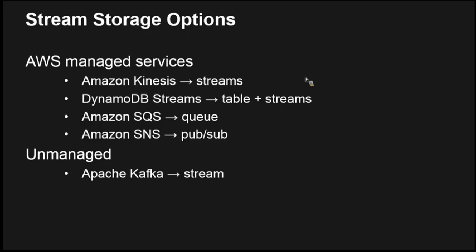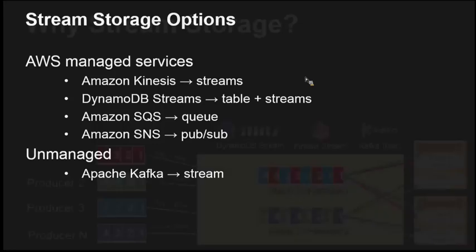Typically these are the four managed services that people think of when they think about streaming data, more predominantly Kinesis. In the unmanaged space, Apache Kafka is extremely popular. There are a lot of large-scale systems built on top of Apache Kafka, and a lot of these workloads are moving to Kinesis because of its fully managed characteristics and other factors. We'll look at the differences and contrast them as we go forward.